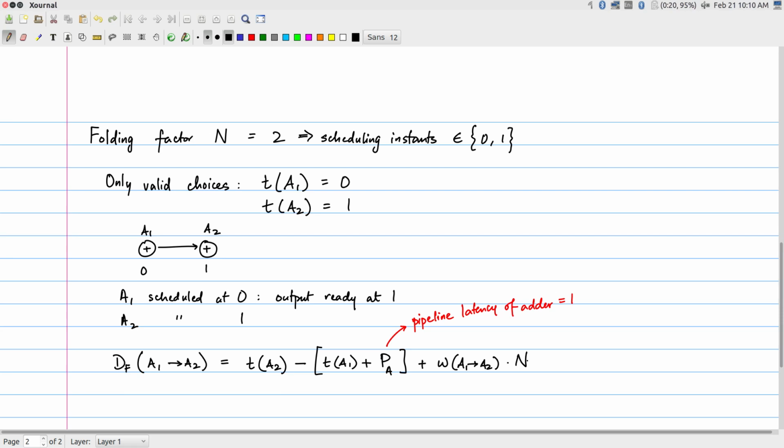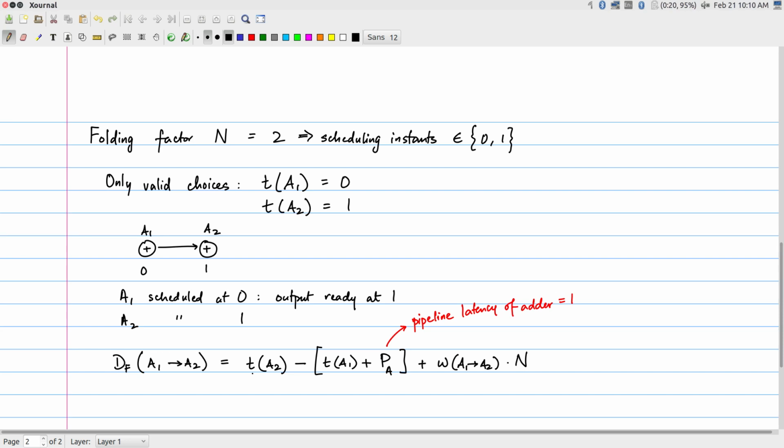So let's take a moment to understand exactly what this equation is saying. I have defined one term df, and its value is the time when A2 is scheduled minus the time when A1 finishes. If that number is not equal to 0, it means after A1 has finished, I need to take the data output from A1 and save it somewhere.